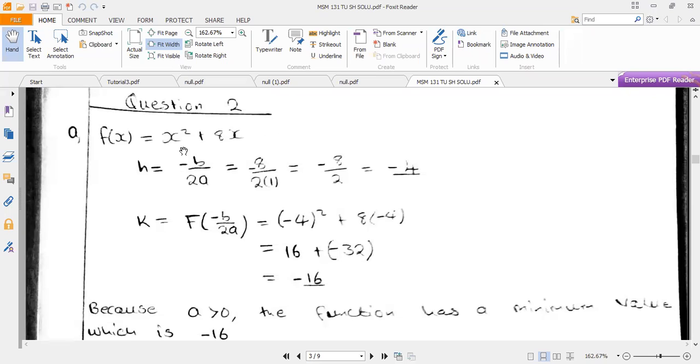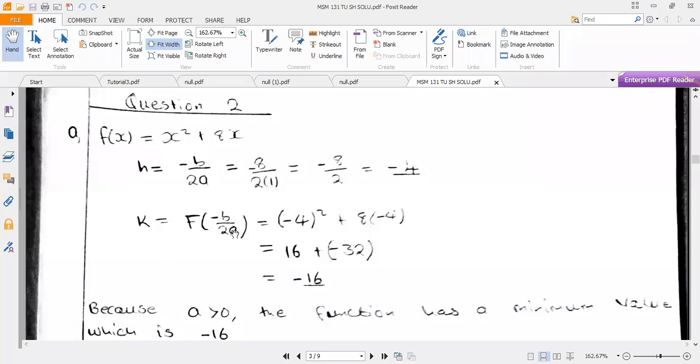So in x squared plus 8x, the b part is 8. So negative 8 over 2 times 1, which is negative 8 over 2, equal to negative 4. So our h is equal to negative 4.